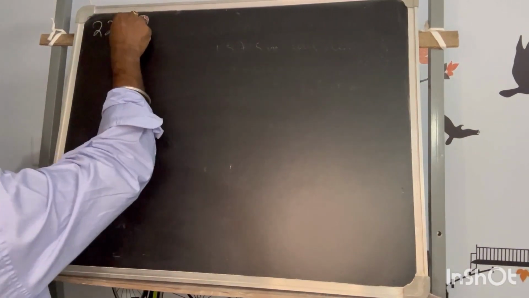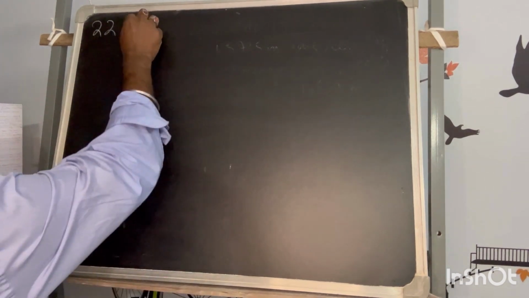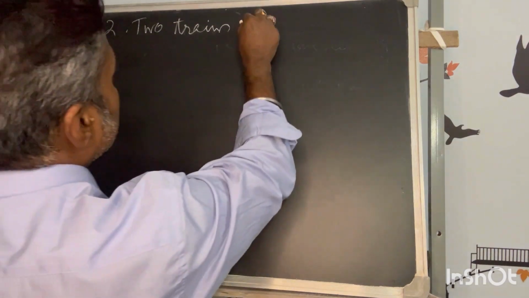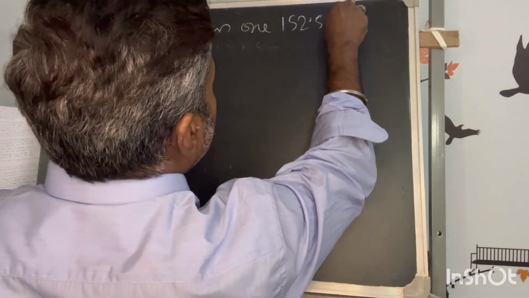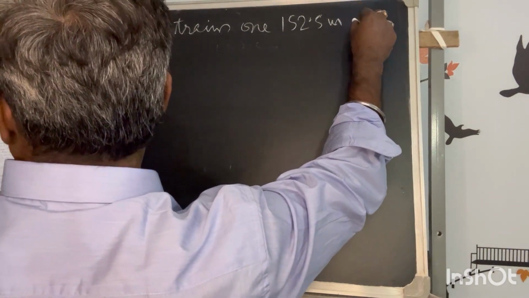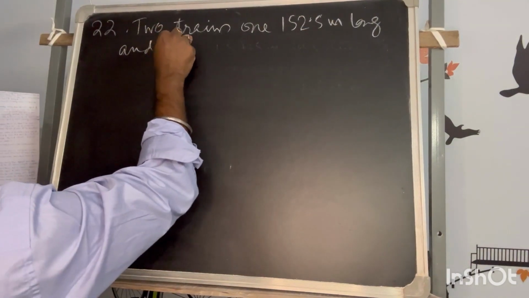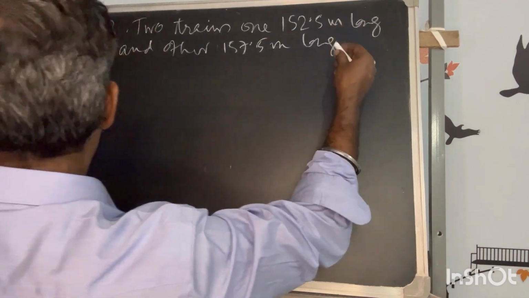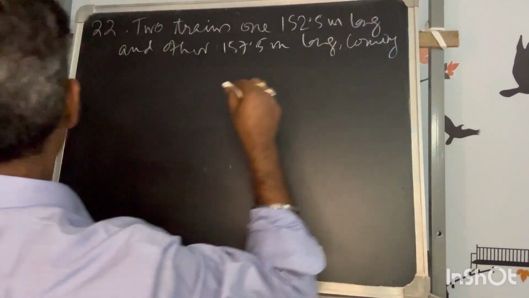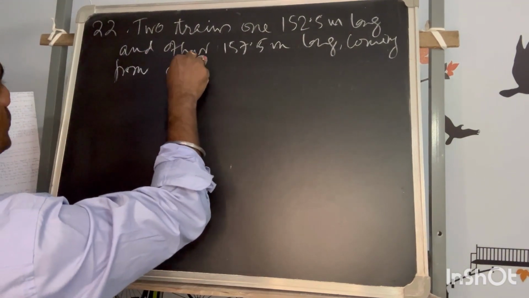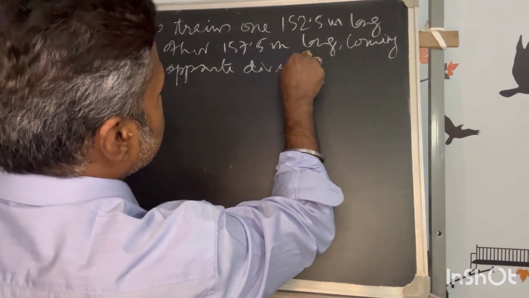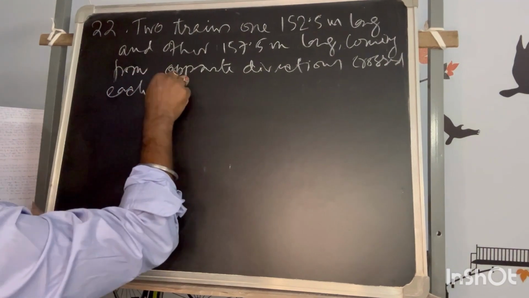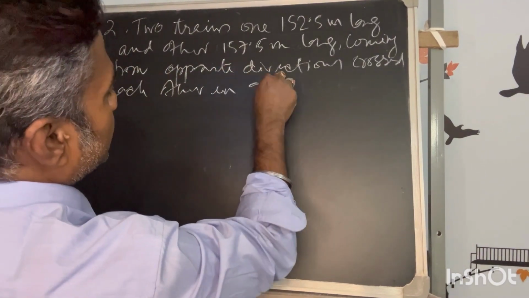Now the problem number 22. It says two trains, one 152.5 meter long and the other 157.5 meter long, coming from opposite directions, cross each other in 9.3 seconds.